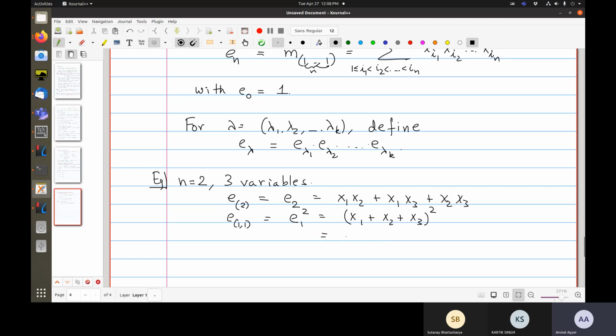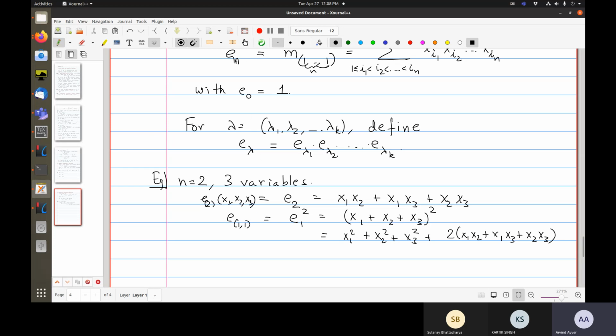So this is going to be equal to x1 squared plus x2 squared plus x3 squared plus twice x1 x2 plus x1 x3 plus x2 x3. So I should have mentioned, maybe I'll do that carefully. This is E of 2 of x1, x2, x3.